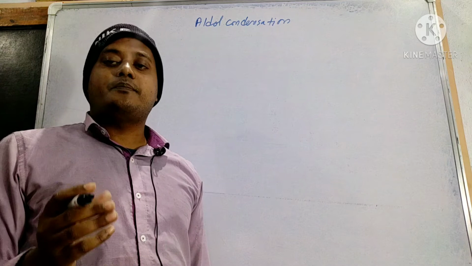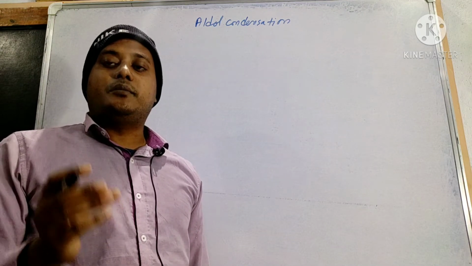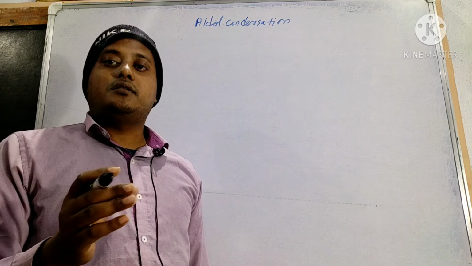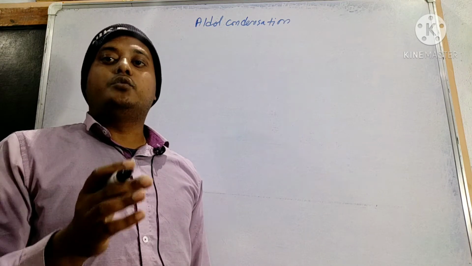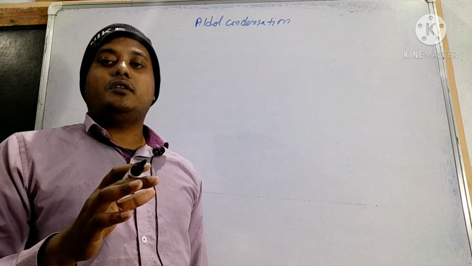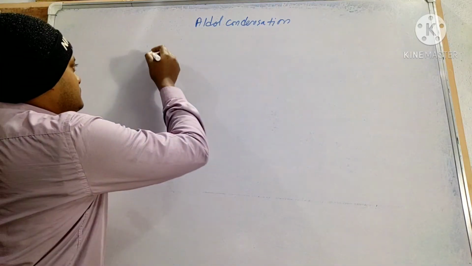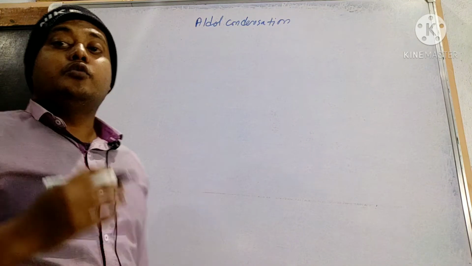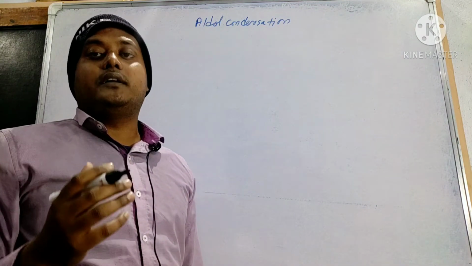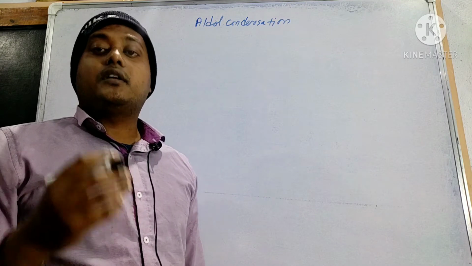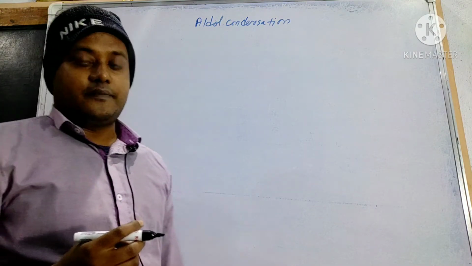Self aldol means condensation between the same molecule, and two different molecules is cross aldol. So first we have to learn which type of compound undergoes aldol condensation, that means what are the conditions for aldol condensation.